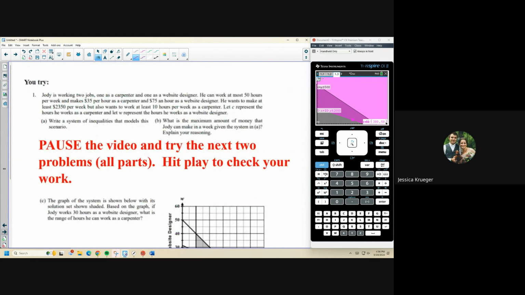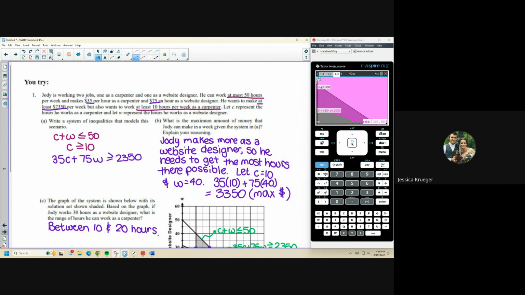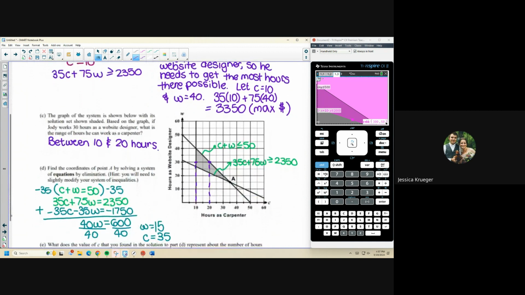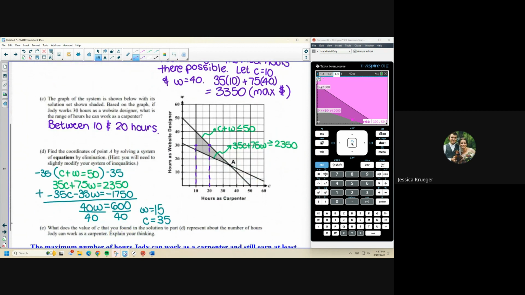What I'd like you to do to finish this up is go ahead and pause the video and try the next two problems, all of the parts, and then hit play to check your work. Here's the first solution. So if you need to pause this to take a look at this, you can.